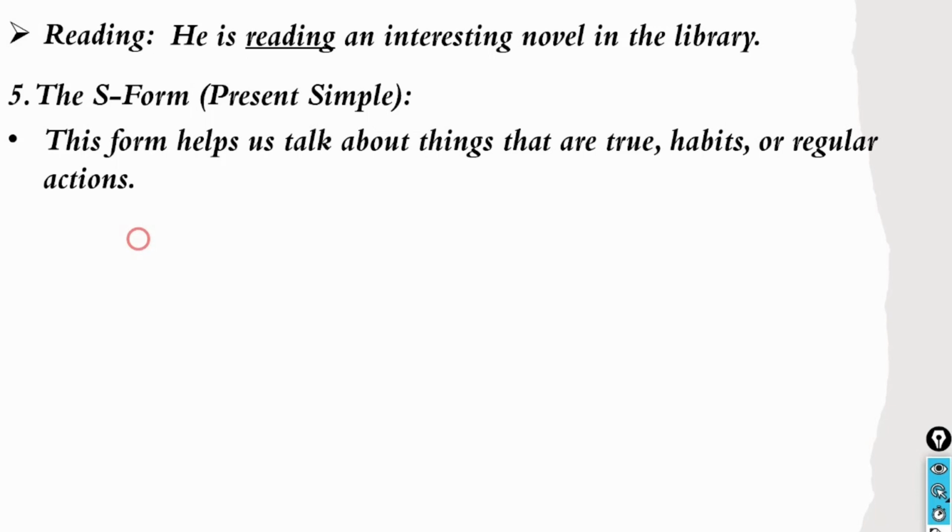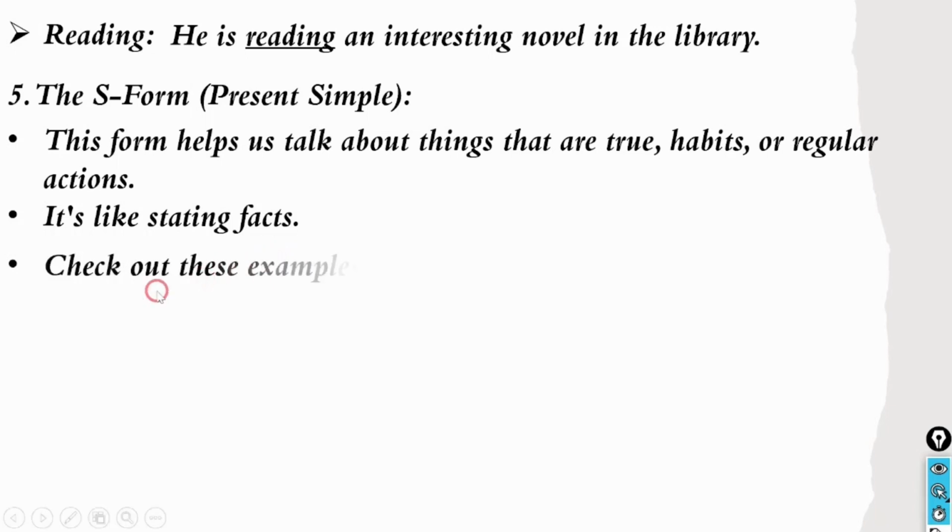So when actions happen regularly, when we are talking about them, we add the S to the verb. Or if events happen as true events, we also add an S when reporting. Or for habits, we also add an S. So it's like stating facts. When you're stating facts and you're using verbs, to the verbs you add S.